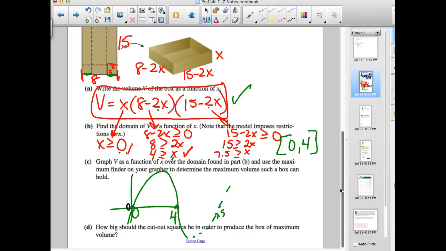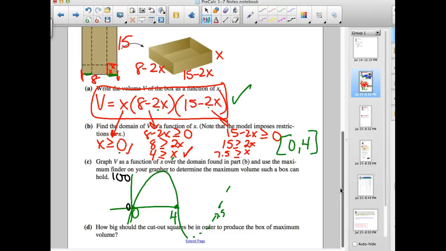Anybody have a good window? What'd you set it for? 100? All right, so set your y values to go from 0 to 100. You should see a nice peak.